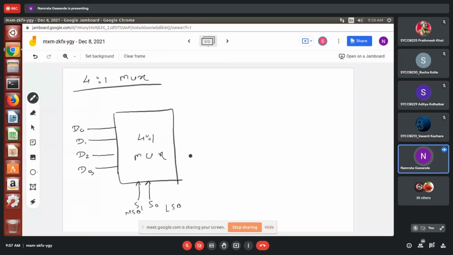You can see in this particular diagram also, right? So 4:1, so 4 inputs and 1 output, and 2 select lines. So always 2 raised to power m equal to n. This relation you should know, where m is nothing but the number of select lines.